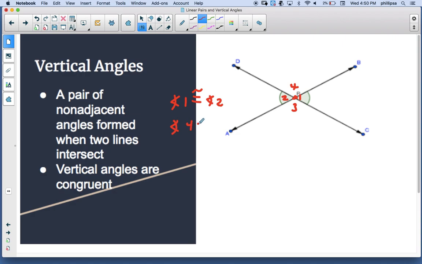Angle 4 would be congruent to angle 3, or the other way of looking at it is the measure of angle 1 is equal to the measure of angle 2, and the measure of angle 4 is equal to the measure of angle 3. It's also worth noting that in this situation, you can often use linear pairs to help you find vertical angles as well, and we'll see that in the first example.